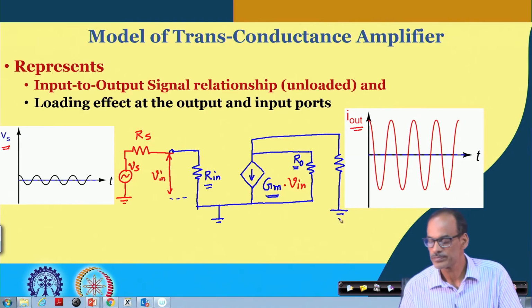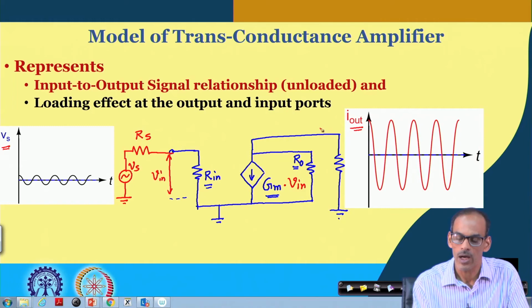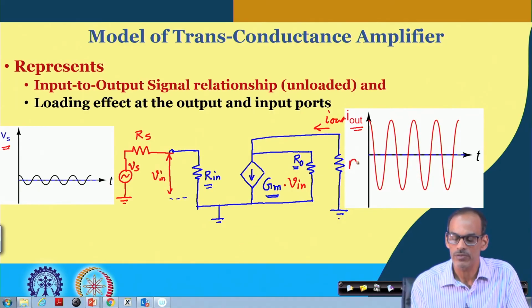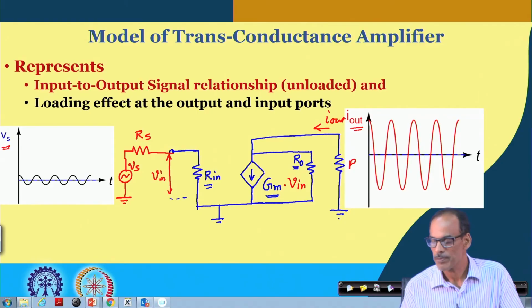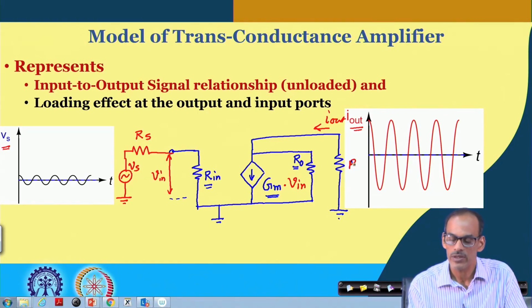to see the corresponding signal output, the I out here will not be entirely this internal current. Instead there will be some potential division, or rather I should not say potential, current division between this R o and R l.